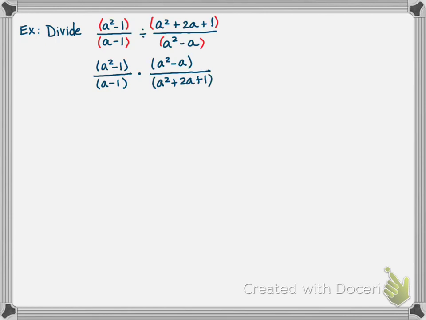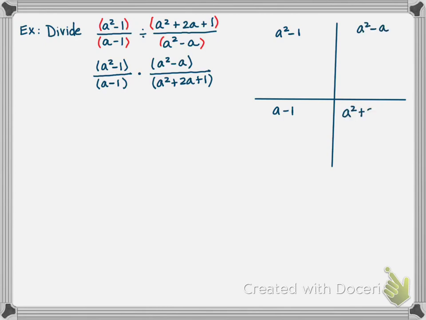And now we're right back where we were in the last problem. We're just multiplying. So I'm going to organize my work a little bit to factor everybody. We've got a squared minus 1 on the top left, a minus 1 on the top right, a squared minus a, and then a squared plus 2a plus 1.